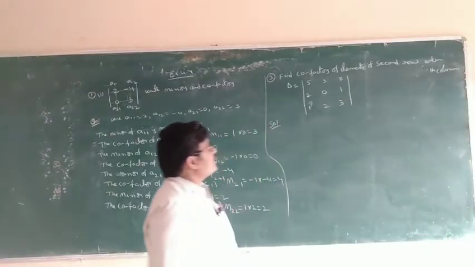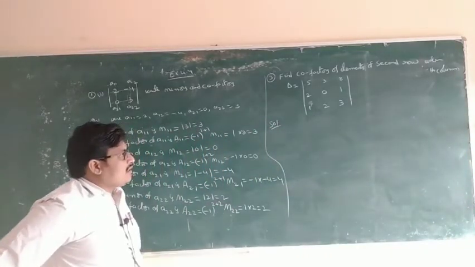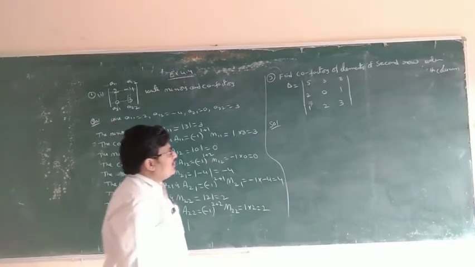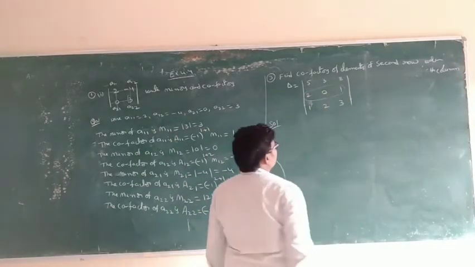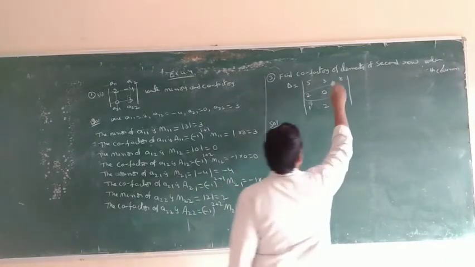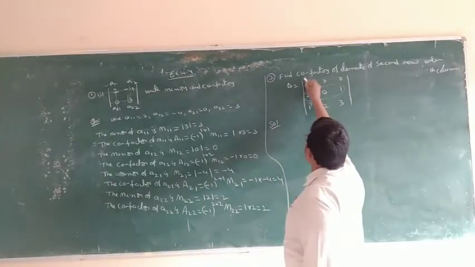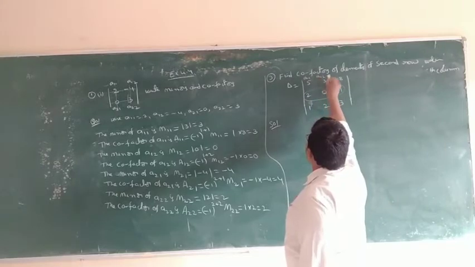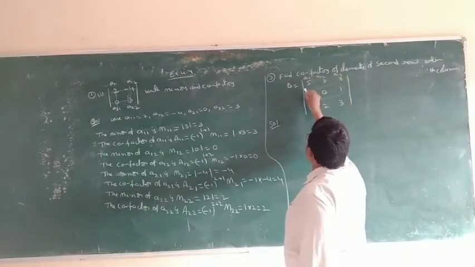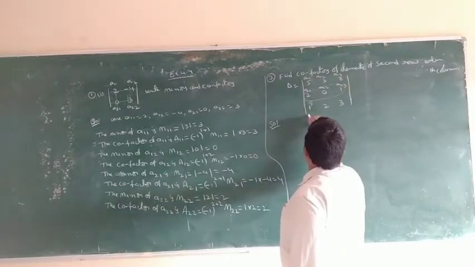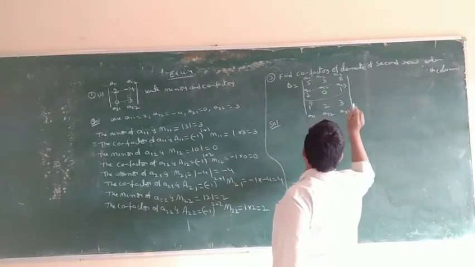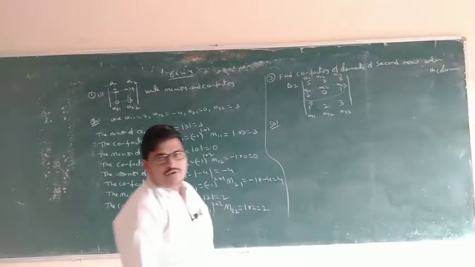To find the cofactors of only the second row, not all, this is A11, A12, A13, A21, A22, A23, A31, A32, A33, directly the cofactors.